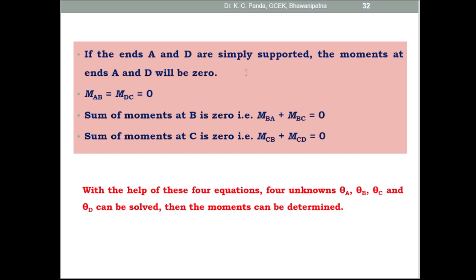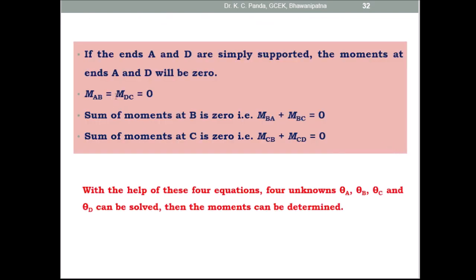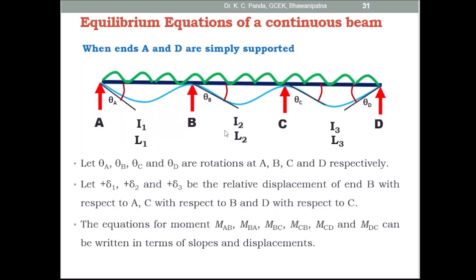If the ends A and D are simply supported, the moments at the end A and D will be 0, because here the moment is 0 and here also the moment is 0 due to the simply supported end. So MAB and MDC are equal to 0, and the other 2 equilibrium equations are at B and C joint.